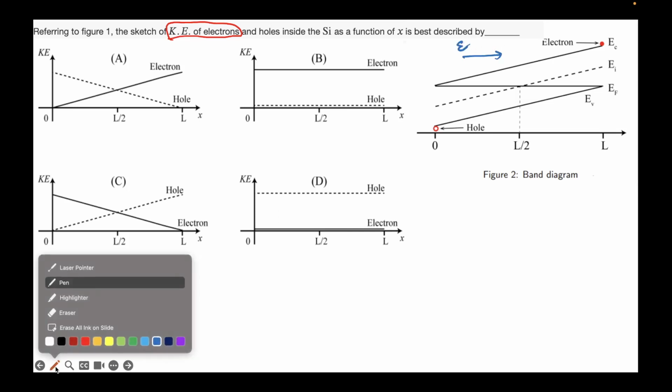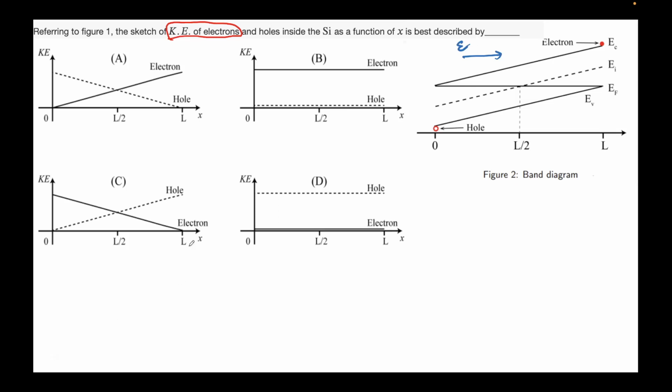Now if there's an electric field and there's an electron, it will feel a force, F equal to QE, but since the electron is negatively charged, it will feel a force in this direction. Let's just focus only on the electrons.